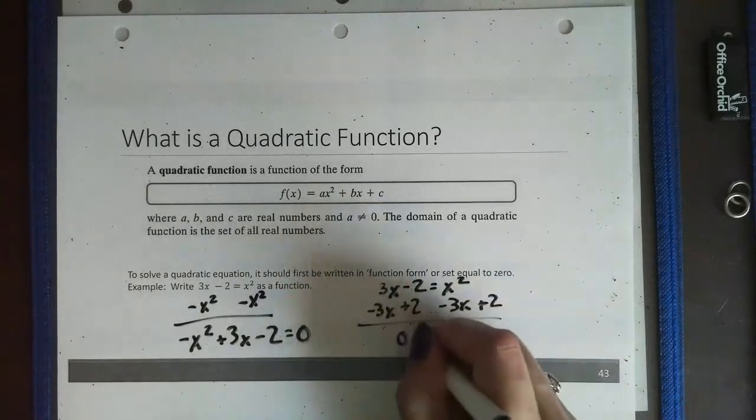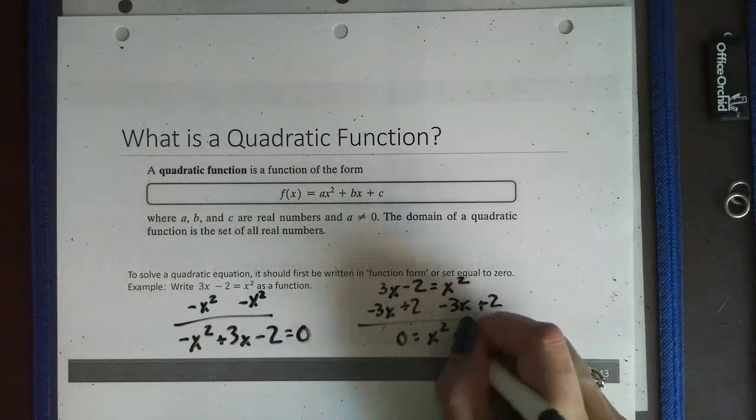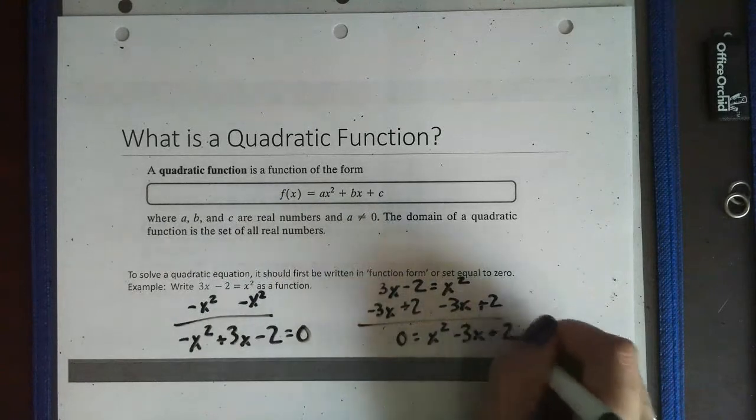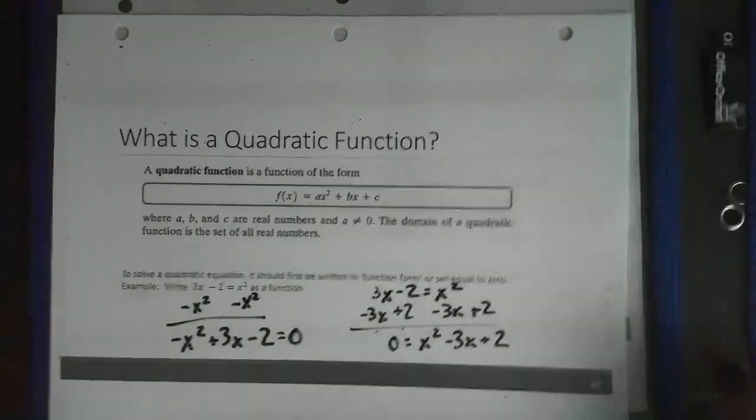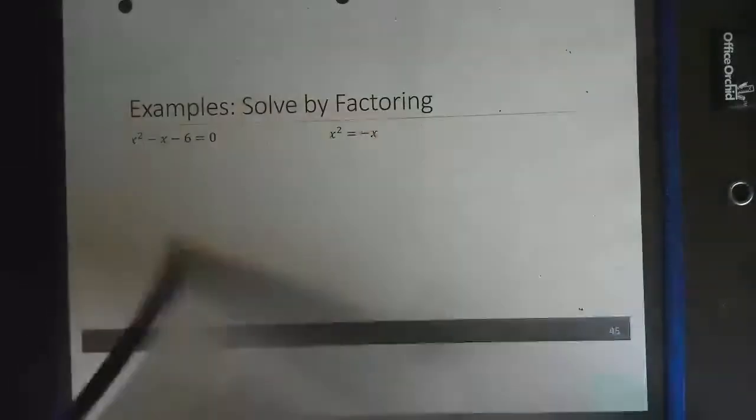That way I have 0 is equal to x squared minus 3x plus 2. This equation has the same solutions as the equation we saw before. It's just a lot more user-friendly because our x squared is positive. So keep that in mind as we go along.